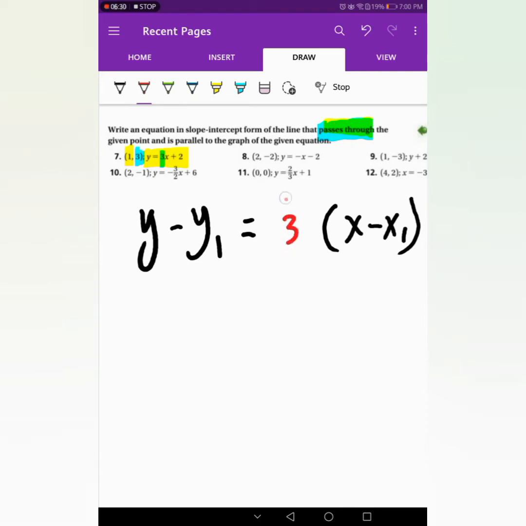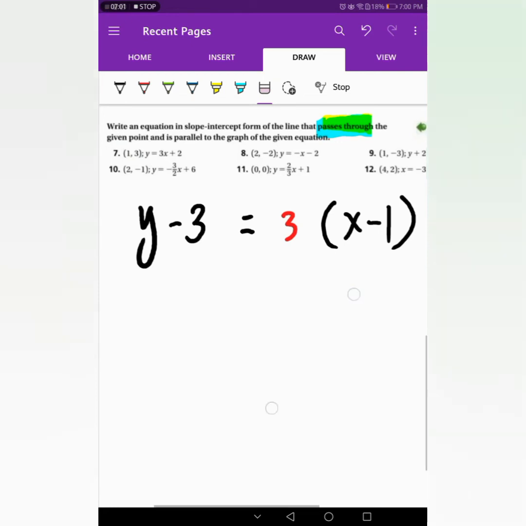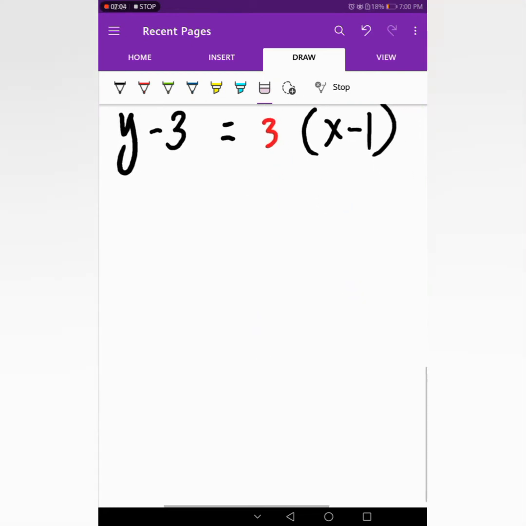From where do I get it? From here. And because it passes through the point, I have to replace the y1 and the x1 by the point coordinates. So the y1 is 3 and the x1 is 1. Now we are done with the question.